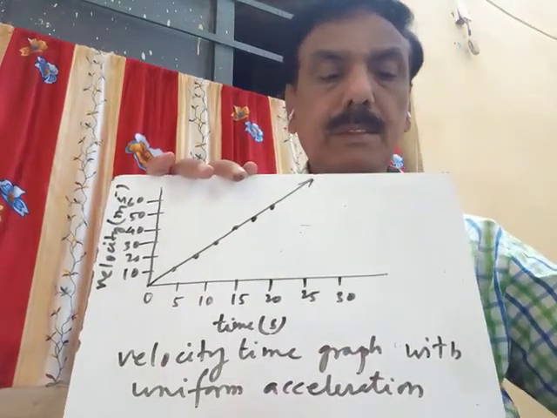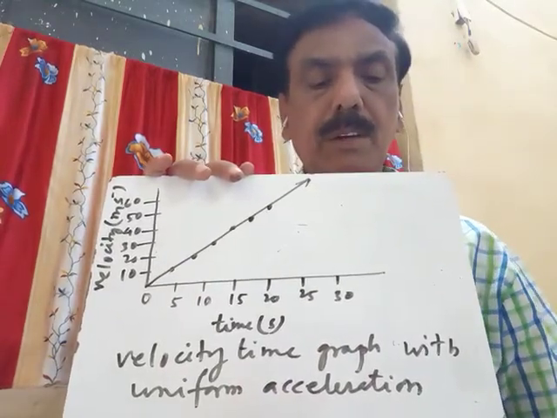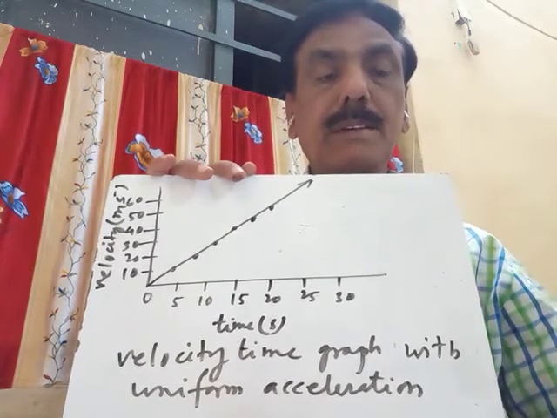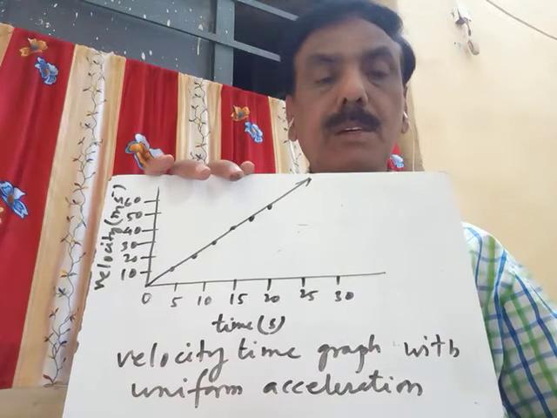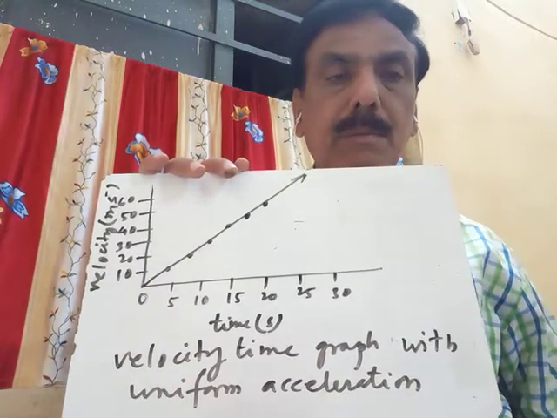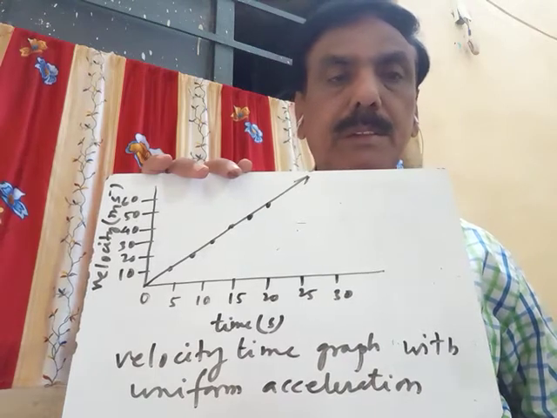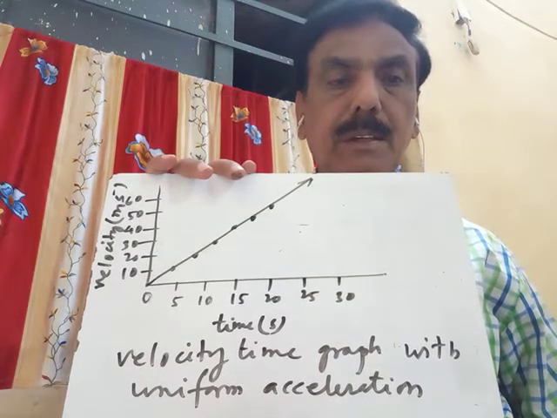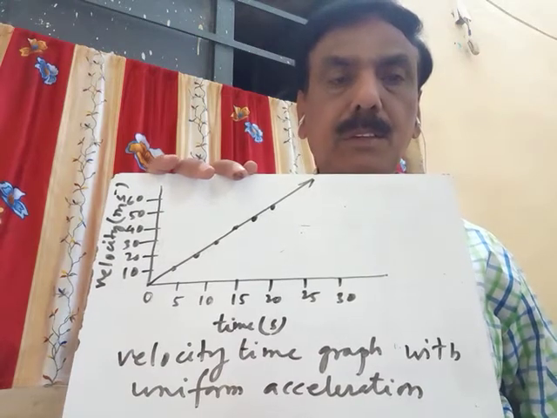Now this is a velocity time graph for a body moving with uniform acceleration. Uniform acceleration. Here the velocity of the body is changing uniformly. So this is also a straight line.